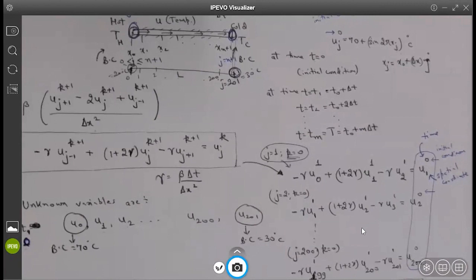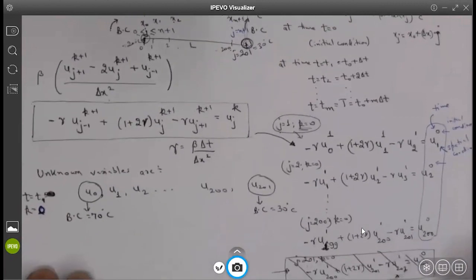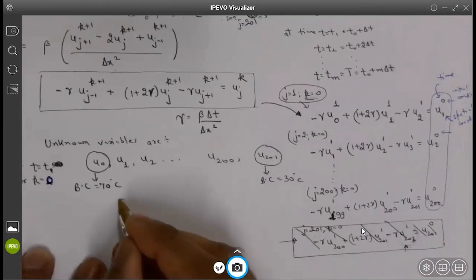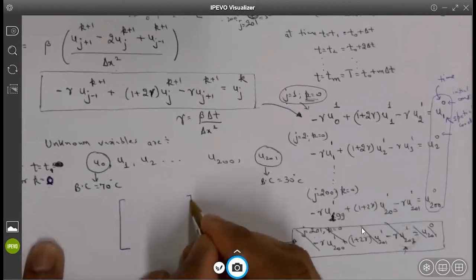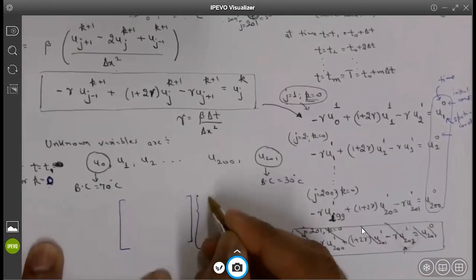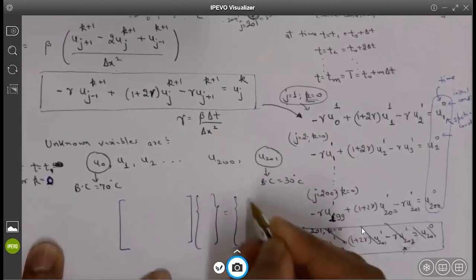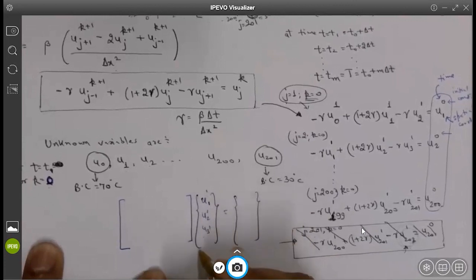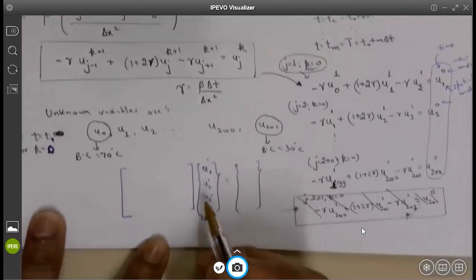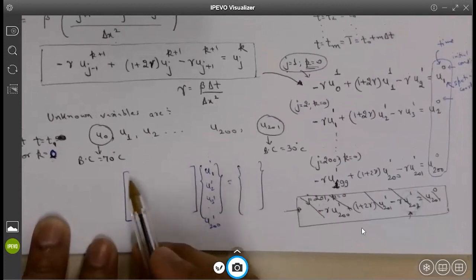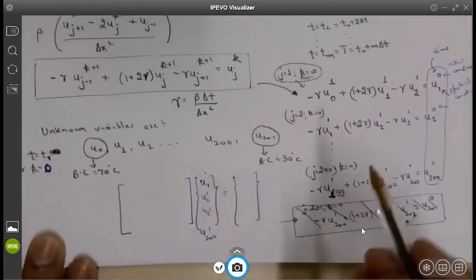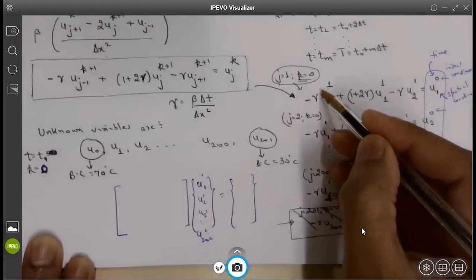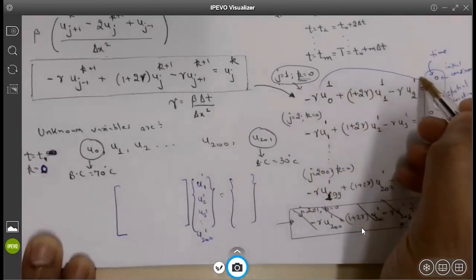If we create a matrix, it's going to be about 200 by 200. So if you have seen that, you will end up with this matrix equation. The unknowns are u1 at 1, u2 at 1, u3 at 1, till u200 at 1. Since u0 is already known to you, it will end up on the right-hand side.